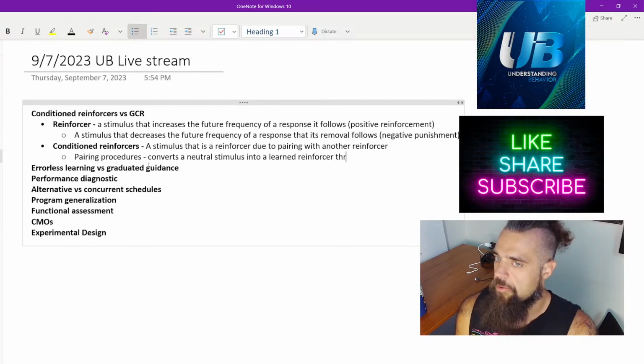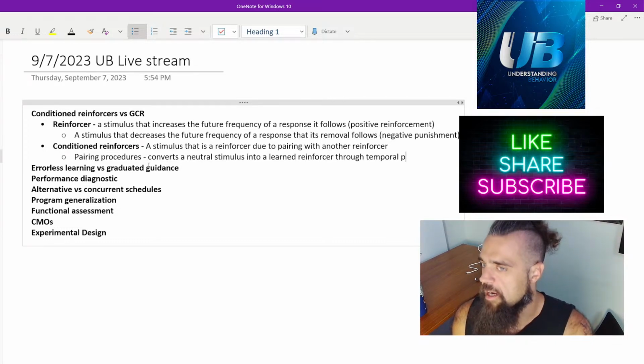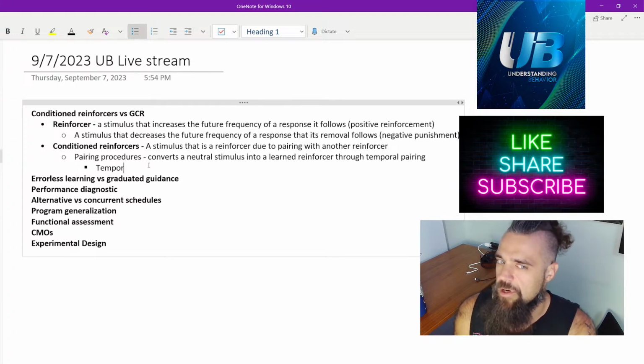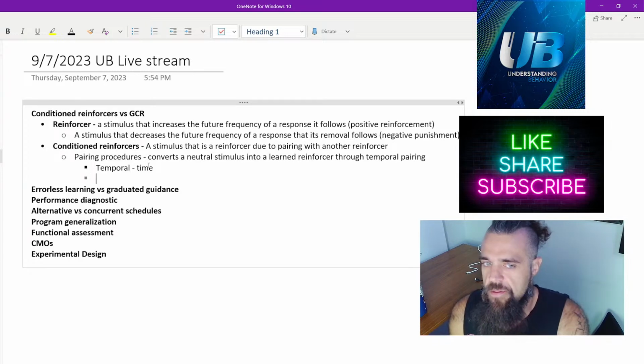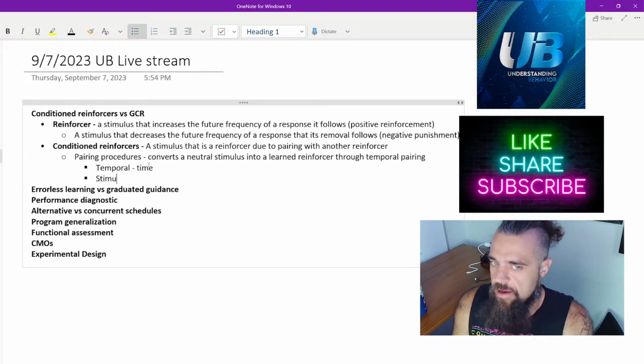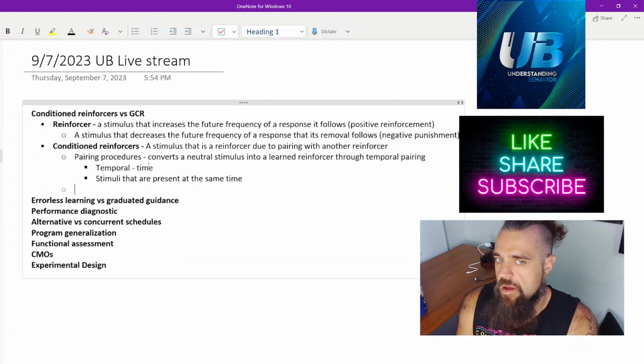And this is done through temporal pairing. And when we see that word temporal, it just means at the time. So this is stimuli that occur at the same time, or that have some kind of relationship to each other.